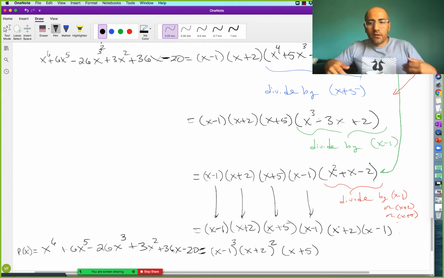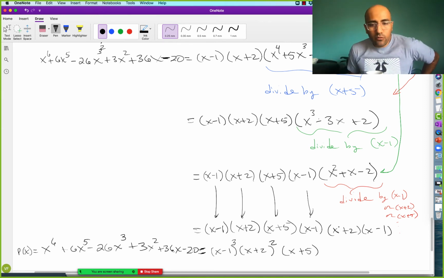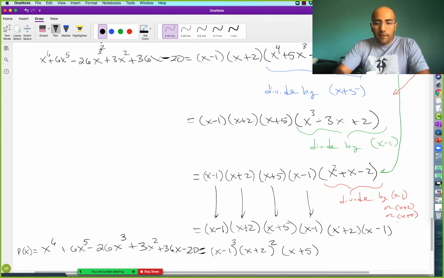No. Okay, so this gives you a really powerful tool to help you factor polynomials, but it's not always going to work out, because the prime factorization of this thing could involve a bunch of imaginary numbers. So that's a problem.